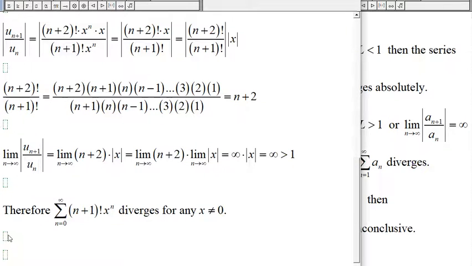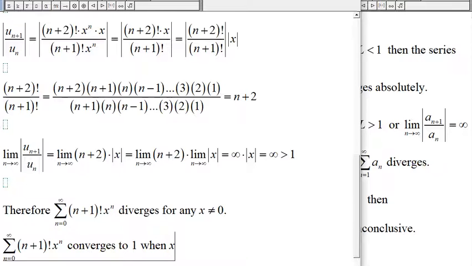One more time, as we have shown earlier, the series converges to 1 when x is equal to 0. If x is not 0, the power series diverges, but if x is 0, the power series converges to 1.